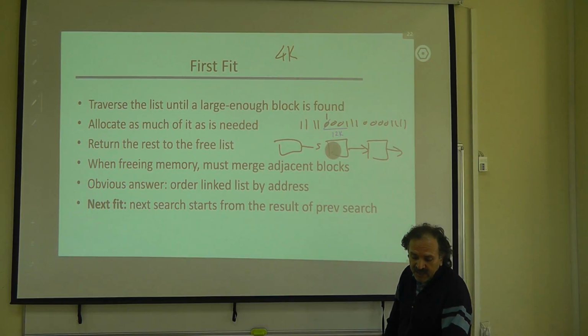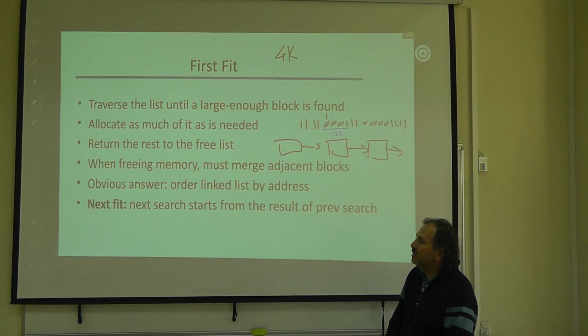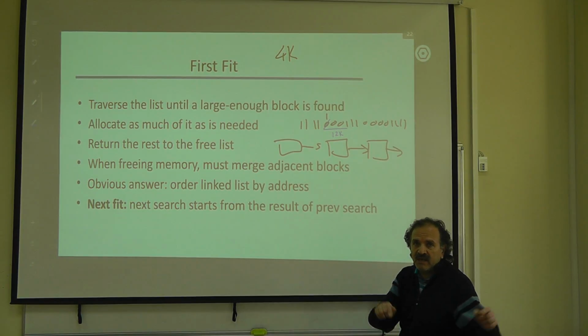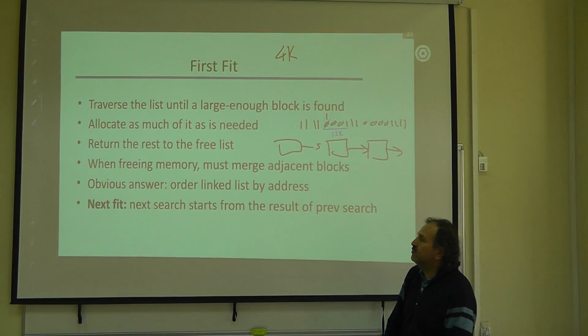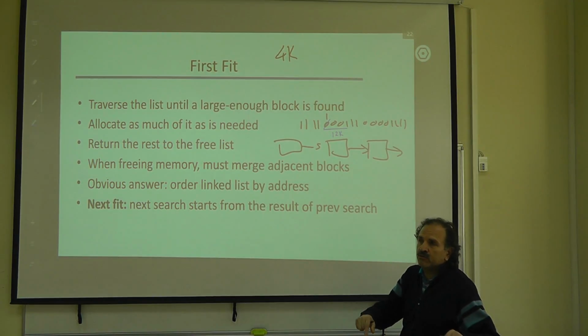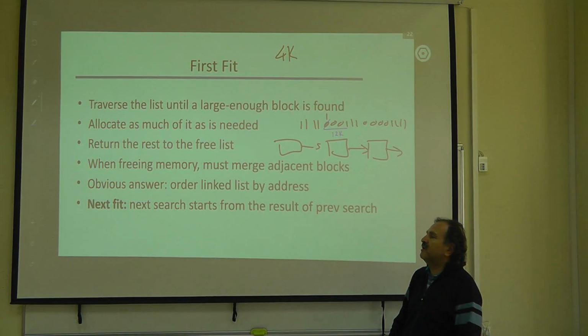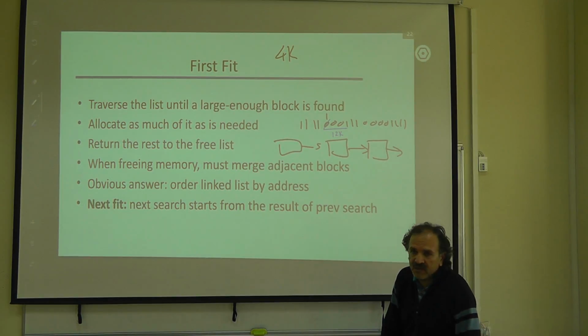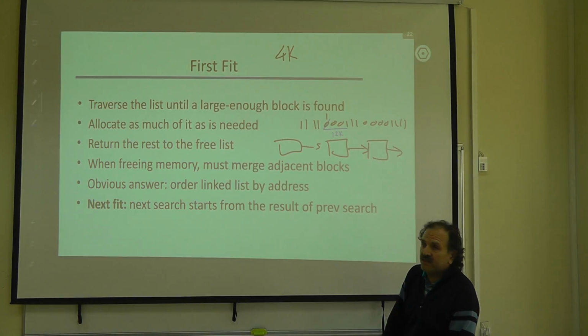If last time I allocated this space, then next time start searching from this position, not from the beginning. That way, you won't have to allocate the memory from the beginning all the time. Otherwise, the beginning of the memory would become fragmented, and the other parts are more empty. So the next fit does this variation. That's the only difference between the first fit and the next fit.